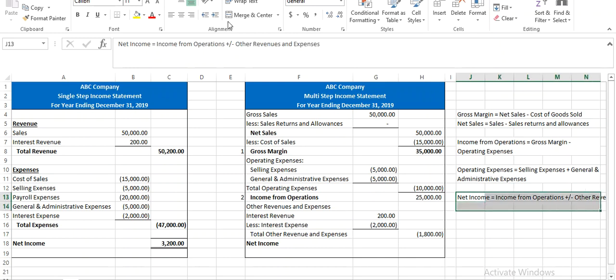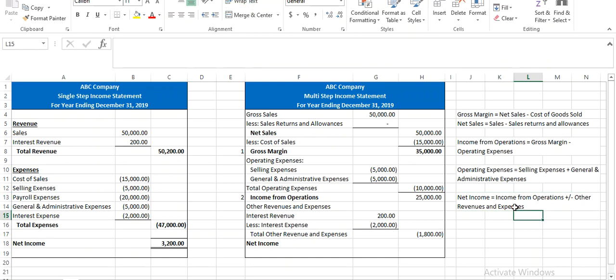We have the plus or minus because it can change depending on whether or not revenue is greater than expense. If revenue was greater than expense, we wouldn't be taking it away, because we would have a positive figure here. Because we have a negative figure in this case, we're going to take away. So let's calculate our net income, and let's see if it does match.